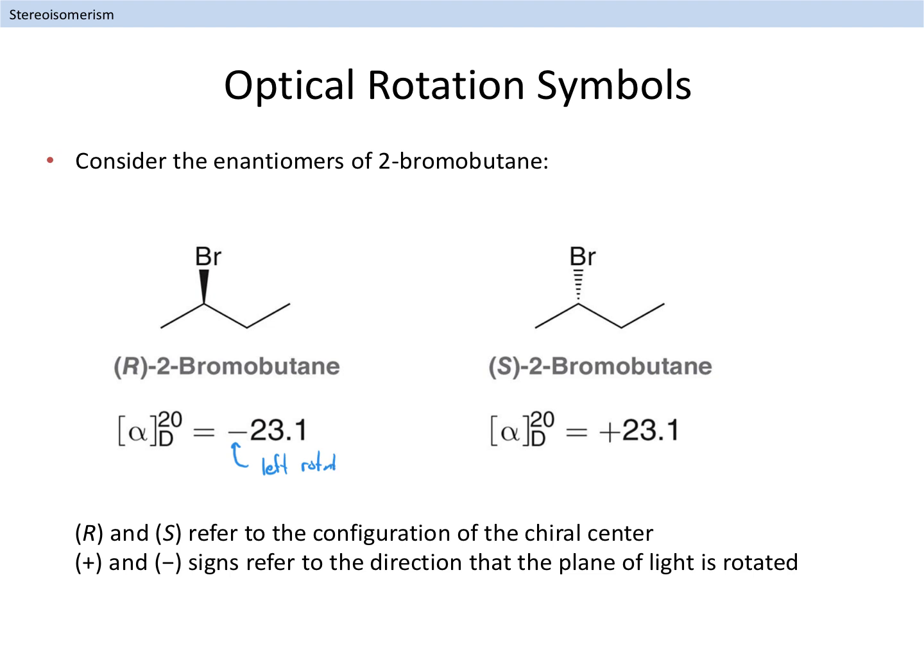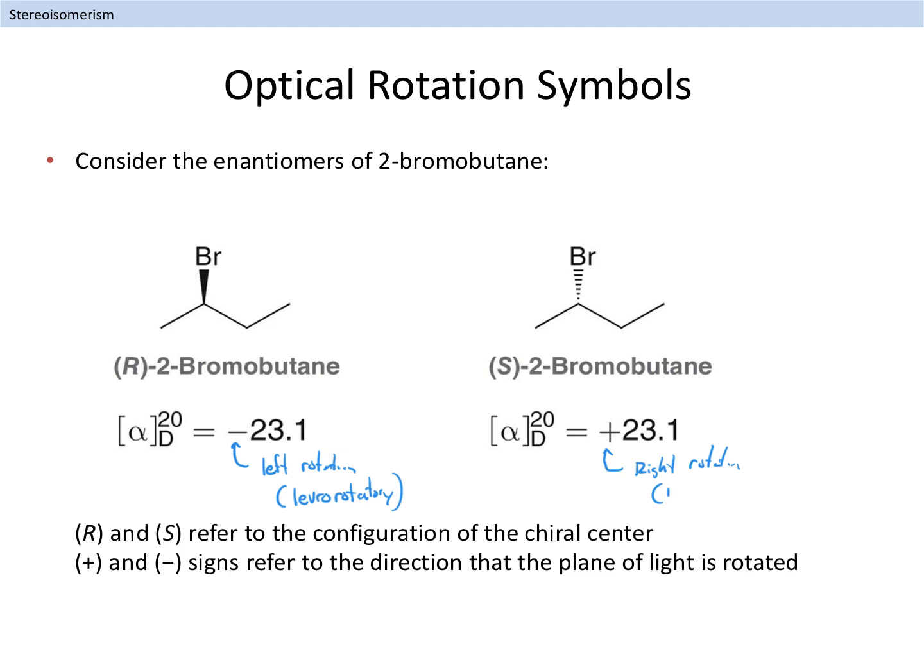On the other hand, S-2-bromobutane has an observed optical rotation of positive 23.1 degrees. The positive sign indicates that this enantiomer rotates plane polarized light to the right, a property known as dextrorotatory.